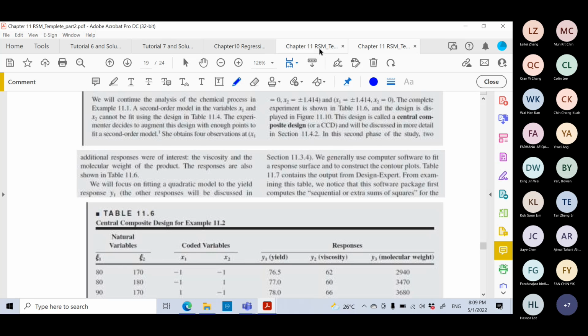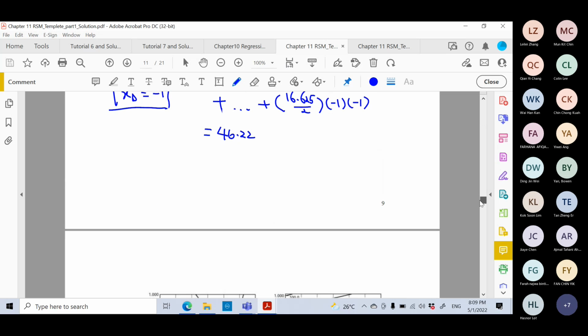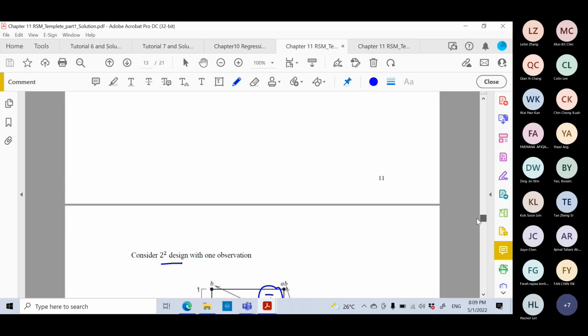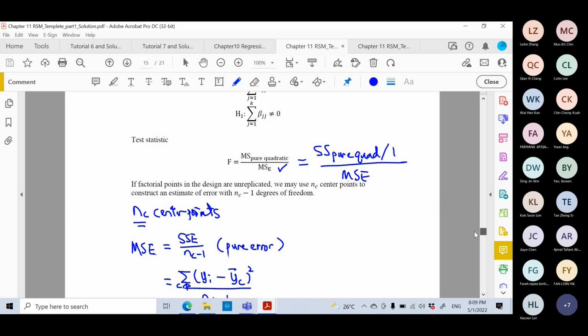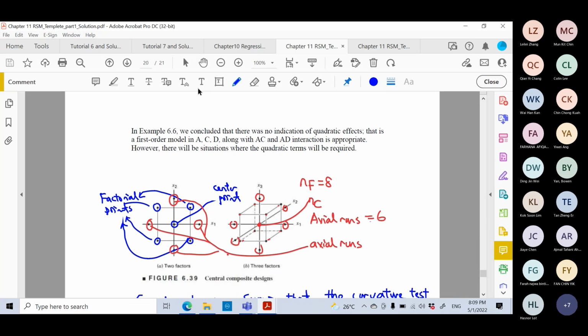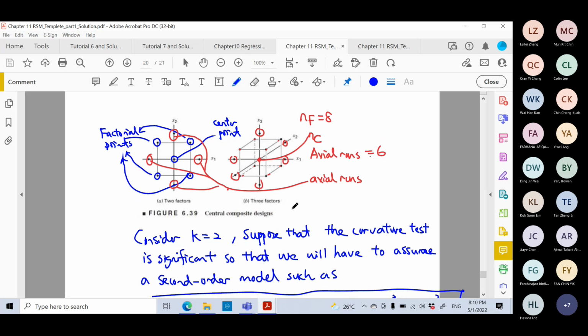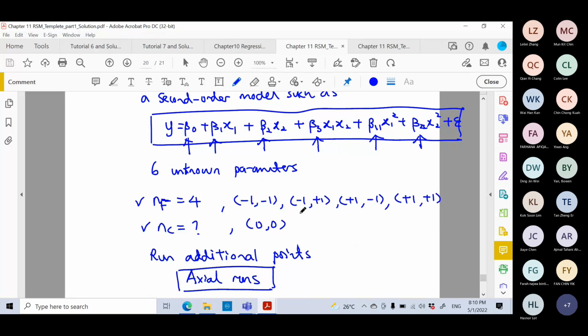If you recall, in the last few slides of the part one lecture notes, I mentioned that if we want to fit the quadratic effects, we need six parameters. So if we are based only on the factorial points and center points, it may not be enough.